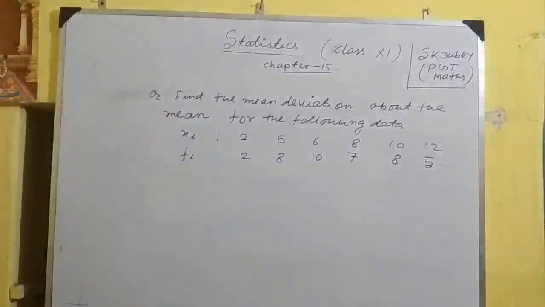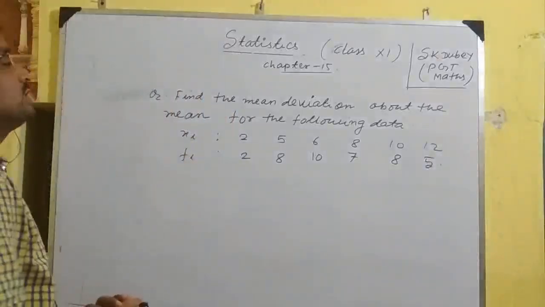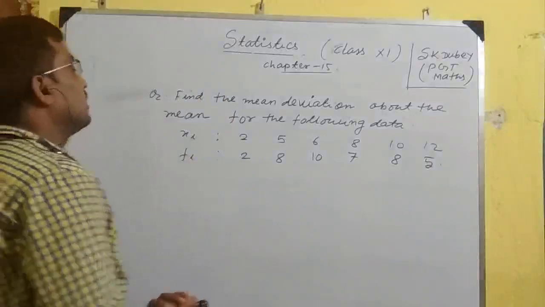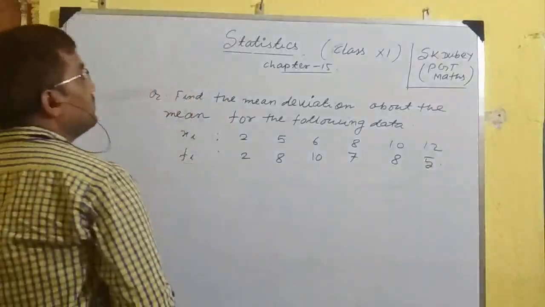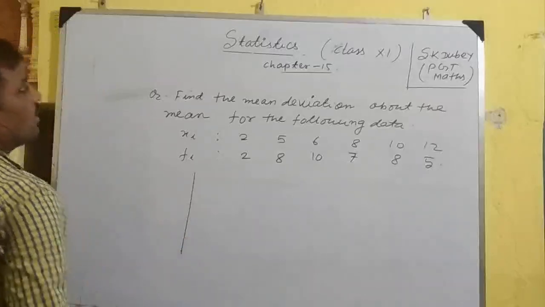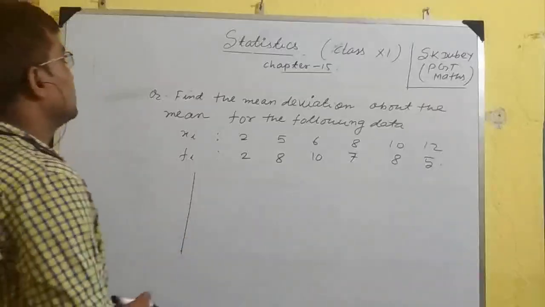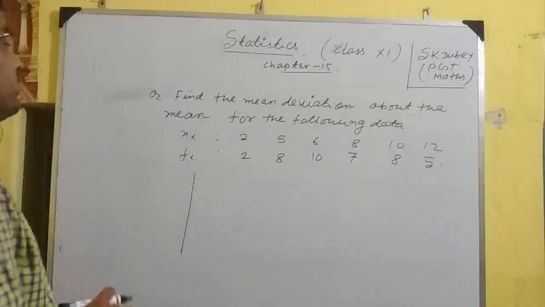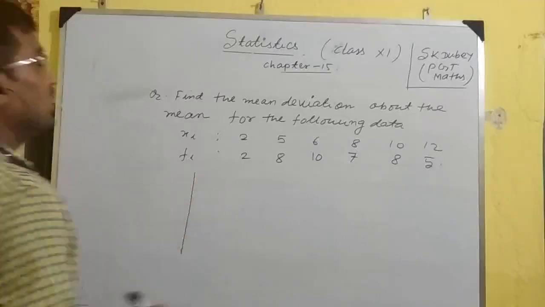This type of data is known as discrete frequency for grouped data. Now, in order to find the mean deviation about the mean, we will first find the mean of this data.